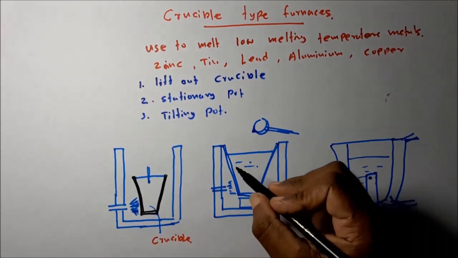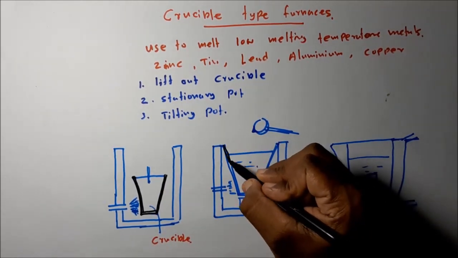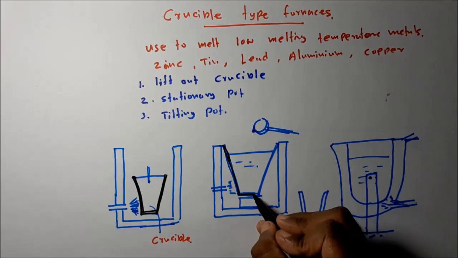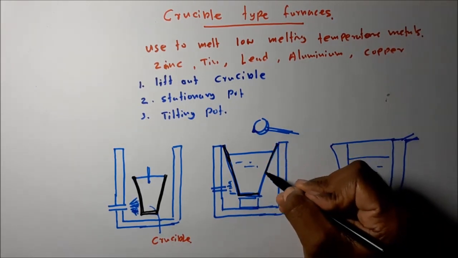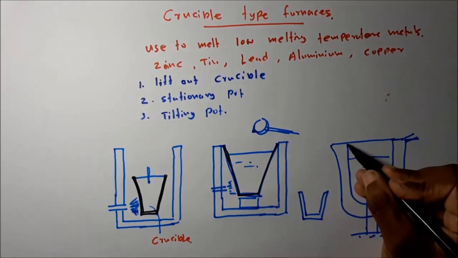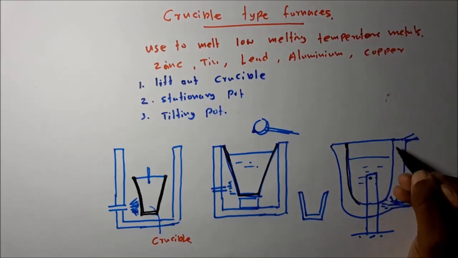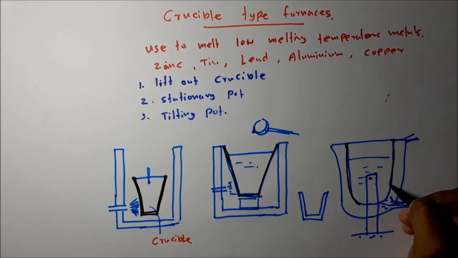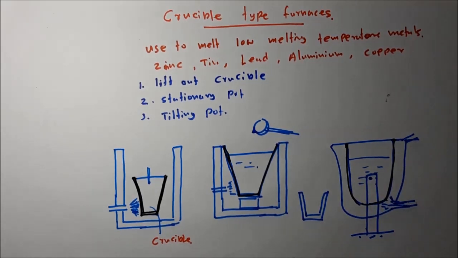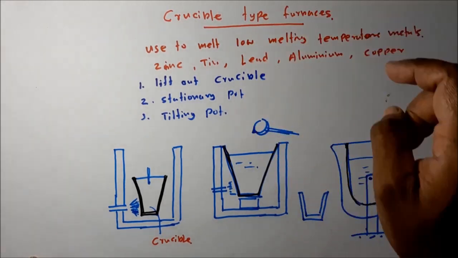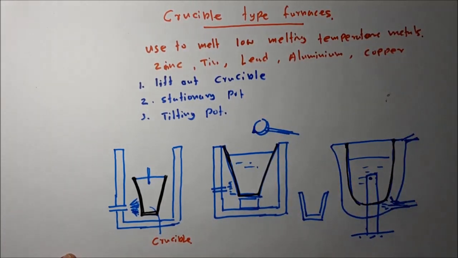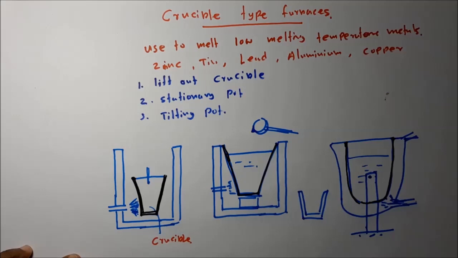This crucible is very thick, it has a thick thickness for the durability of the crucible. These are the three types of crucible type furnaces used to melt low melting temperature metals like tin, lead, aluminium, copper like metals.